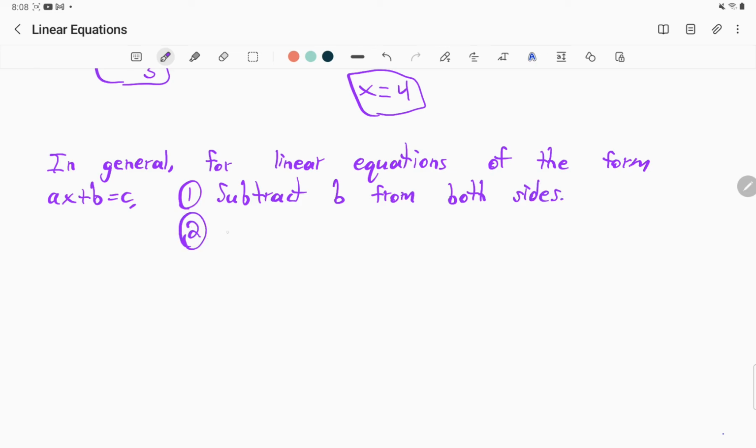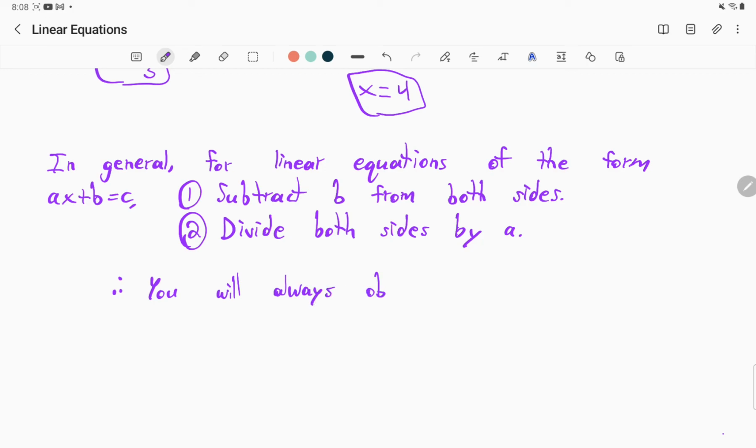Step 2, divide both sides of the result of step 1 by the coefficient of x. That'll be a. So therefore you will always obtain x equals c minus b, divided by a.